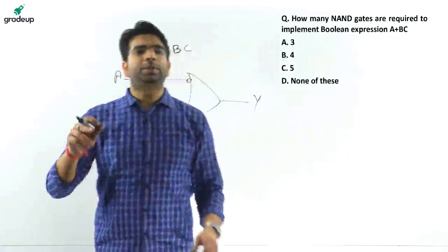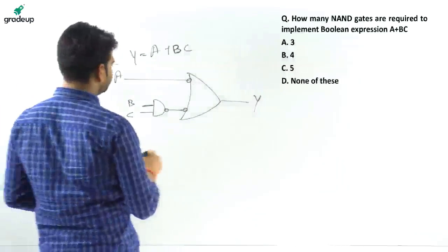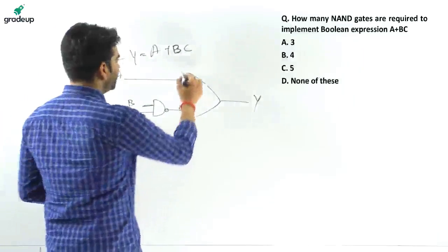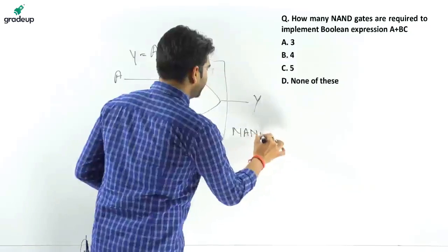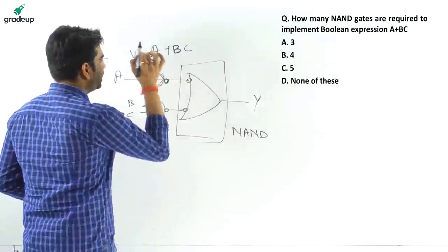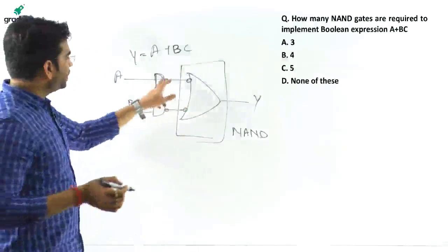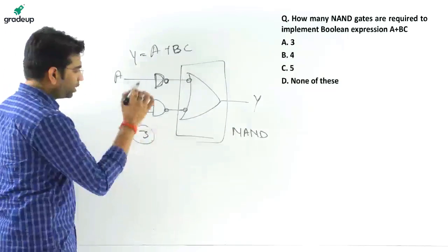Just post your answers quickly. A bubbled OR gate is a NAND gate. Here again we are going to have a NAND gate. So 1 NAND gate, 2 NAND gates, 3 NAND gates. 3 NAND gates are required.